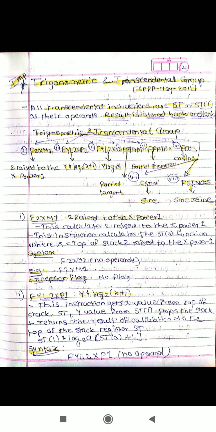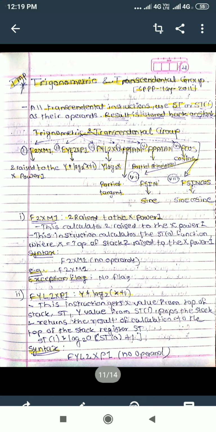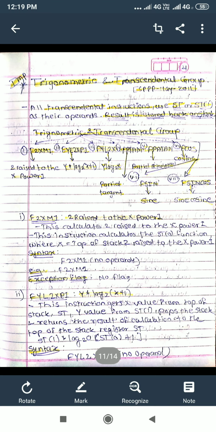Next is your fptan instruction, that is partial tangent, and then fpatan instruction, that is partial arc tangent. Then fcos, that is cosine instruction. Then fsin means sine instruction. Fsincos, that is sine cos instruction.